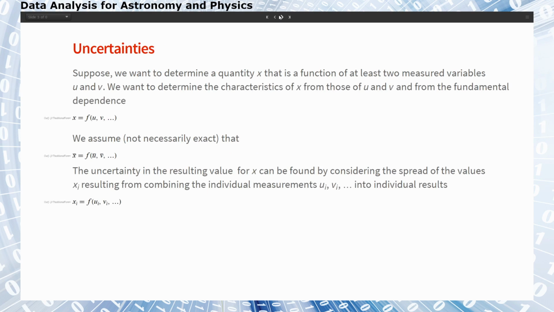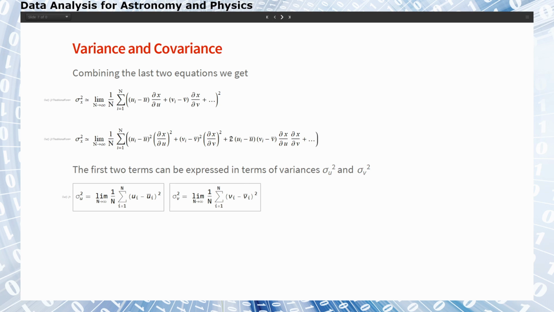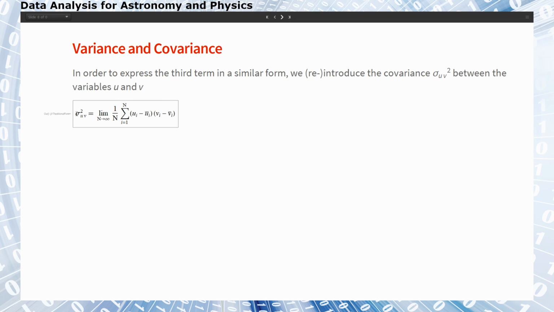And the third term now is, in contrast to these terms here, a mix between deviation of u times deviation of v at the i-th data point times the product of the two partial derivatives, and this term is called covariance of u and v, which is the sum of the product of the individual deviations.